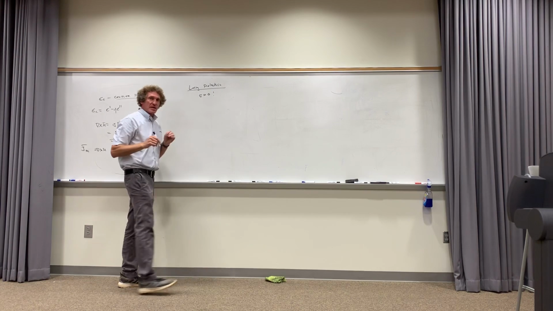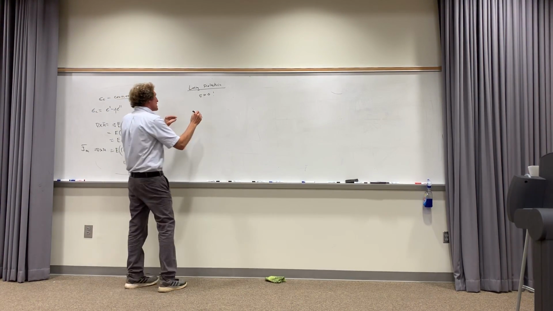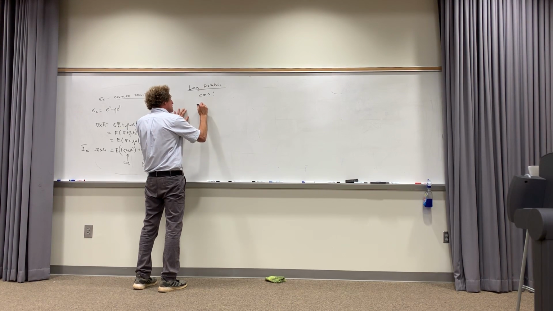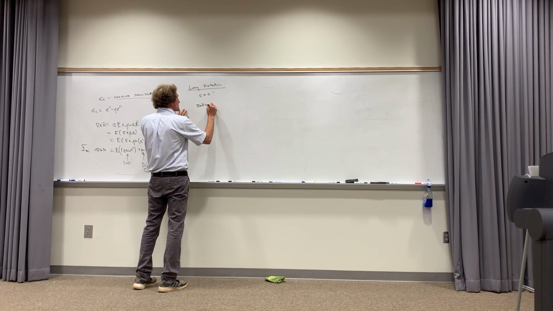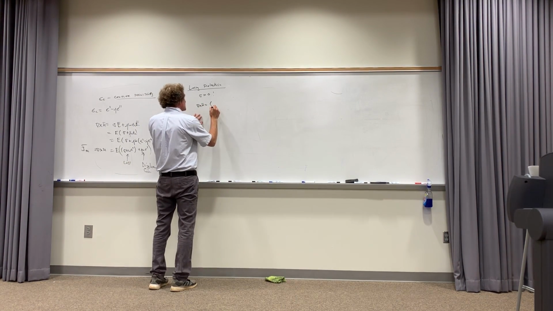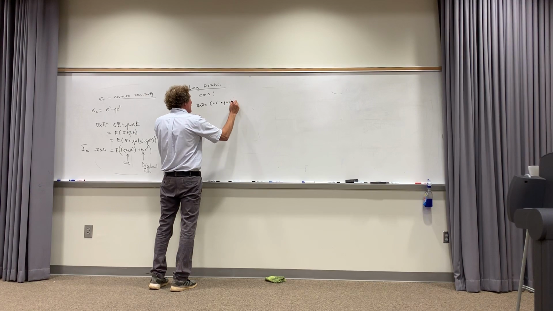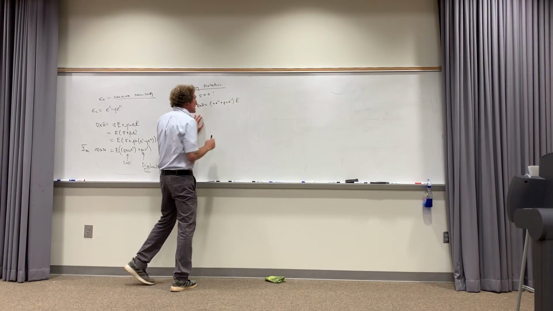That's almost always the case. Just remember that. So now when we take a look at curl of H, it's just simply omega epsilon double prime, and then plus J omega epsilon prime operating on E.